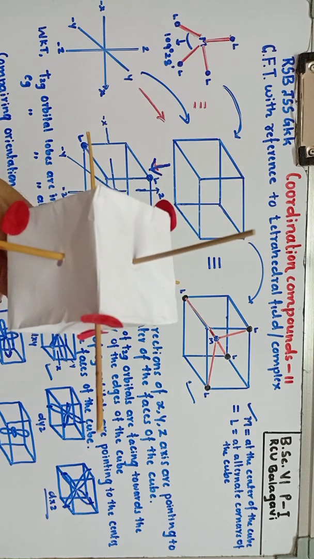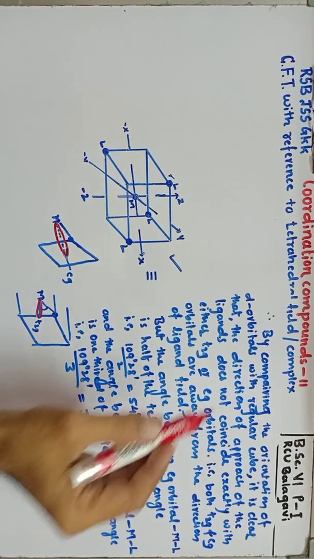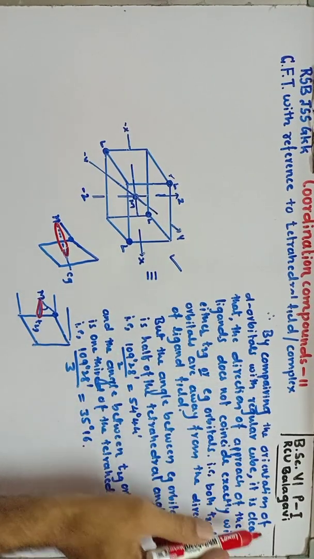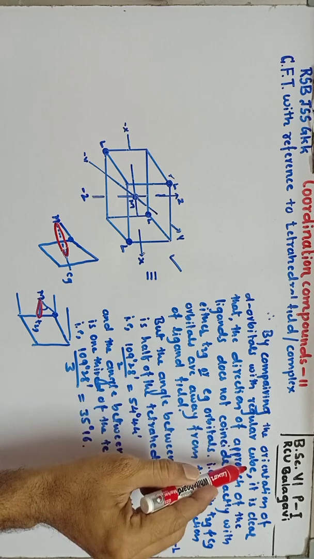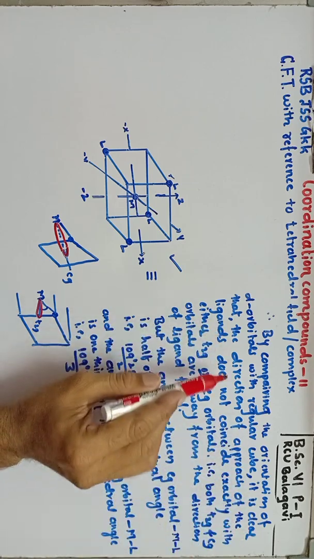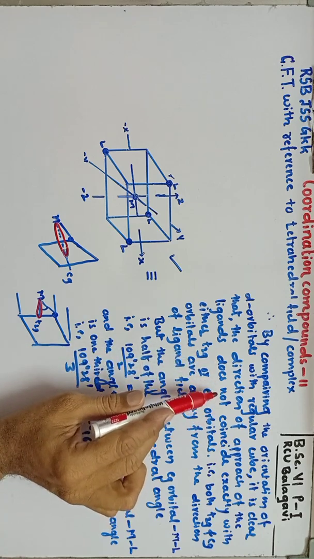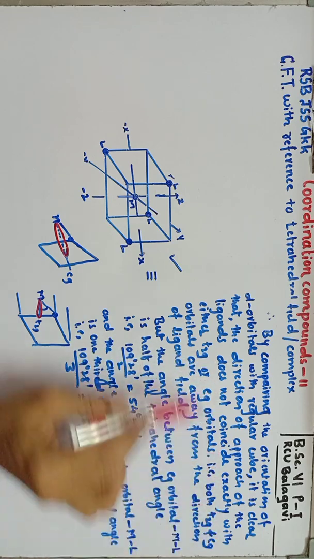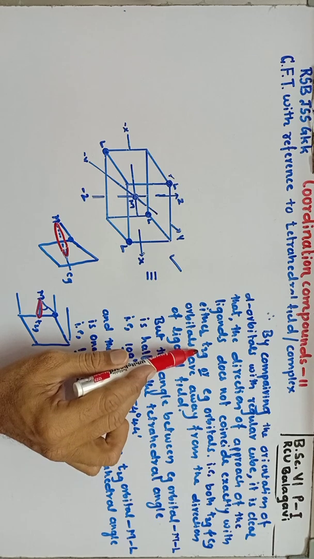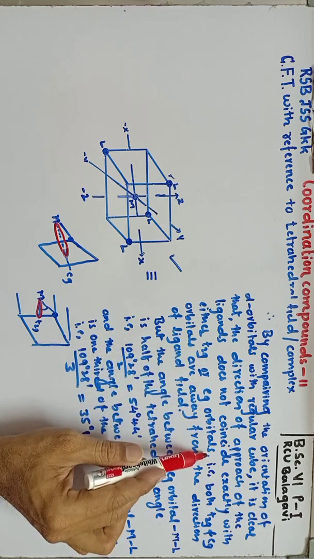Okay. Therefore, by comparing the orientation of d orbitals with a regular cube, it is clear that the direction of approach of ligands does not coincide exactly with either T2g or Eg orbital.